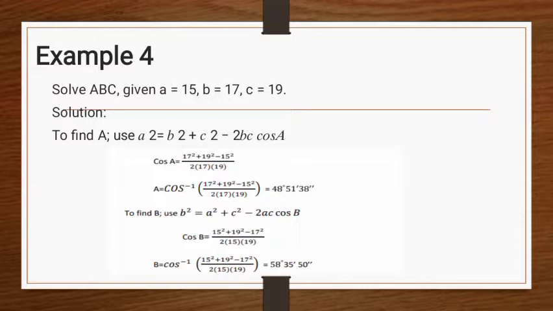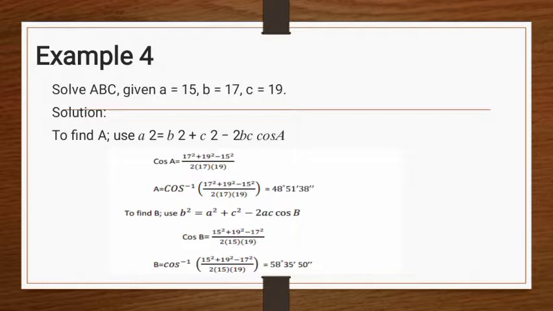Example number 4. Solve triangle ABC given A equals 15, B equals 17, and C equals 19. Here is the solution. To find angle A, use A squared equals B squared plus C squared minus 2BC cos A. Cos angle A equals 17 squared plus 19 squared minus 15 squared over 2 times 17 times 19.